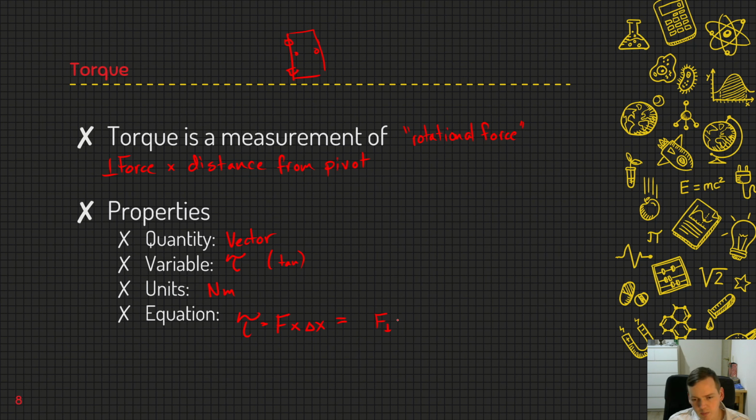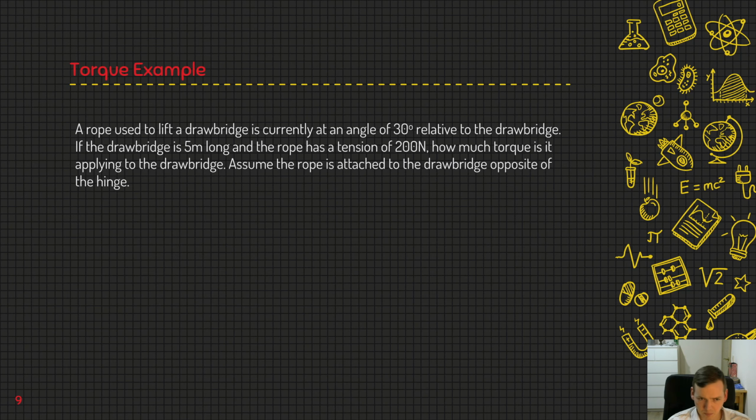The force that's perpendicular times the distance. You'll much more often see this, but technically it is a cross product. But if you just think, okay, how much of this force is perpendicular to the distance away, that's what we want to work with. So let's look at an example to help clear this up.